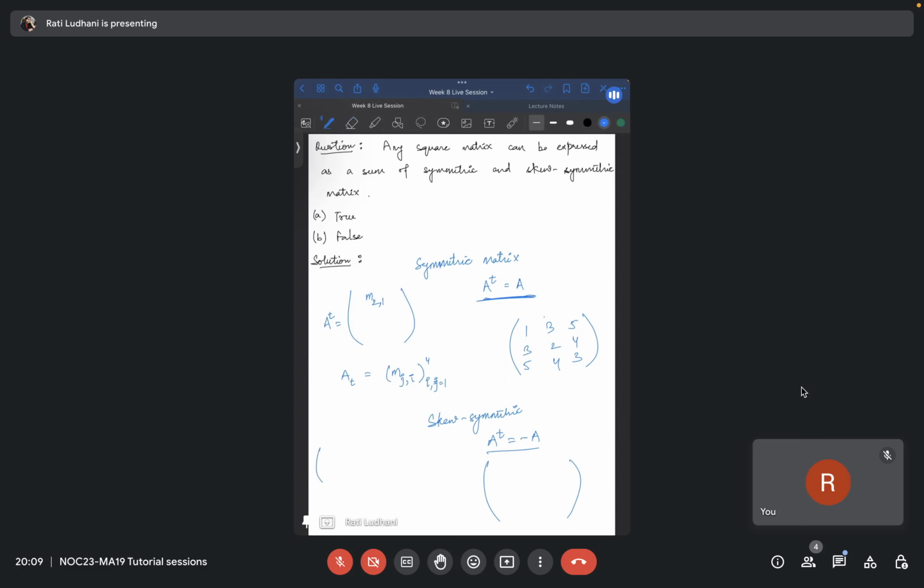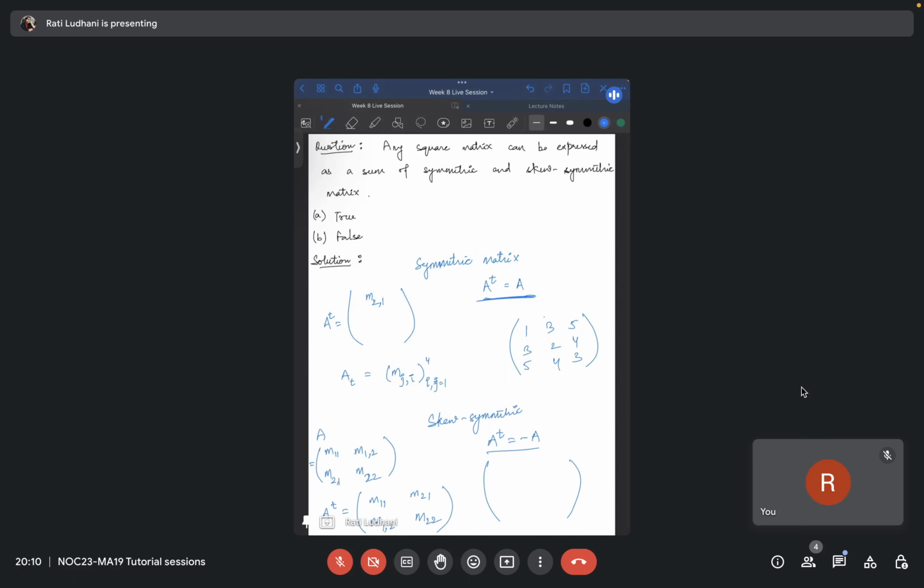You have M11, M12, M21 and M22. Now when you transpose it, this is your A, and A transpose is M11, M12, M21, M22.